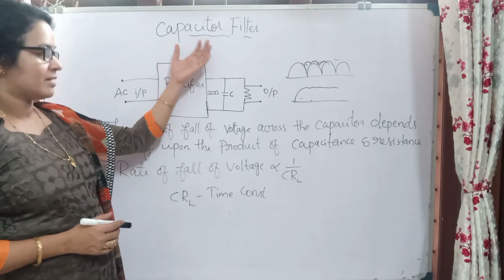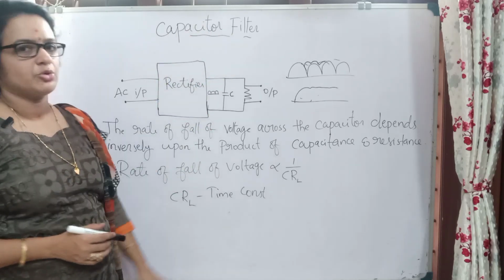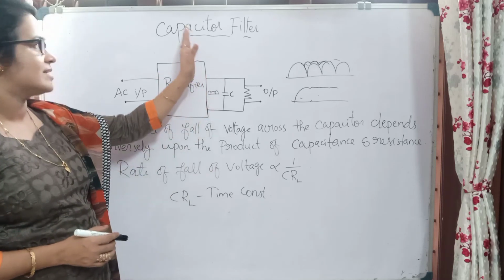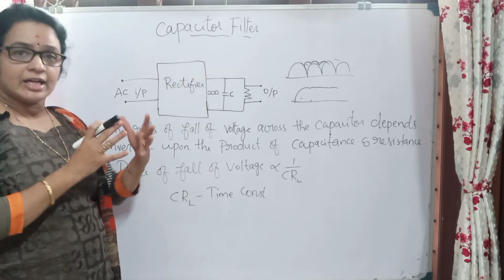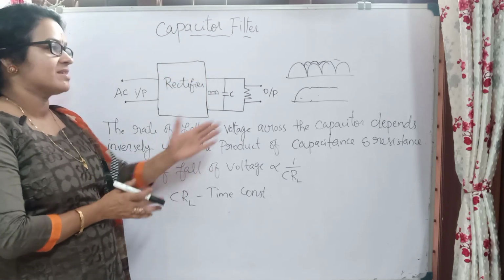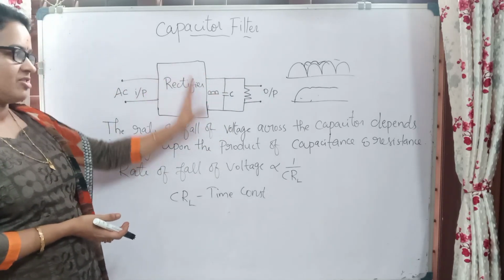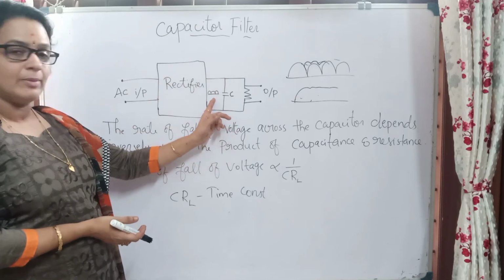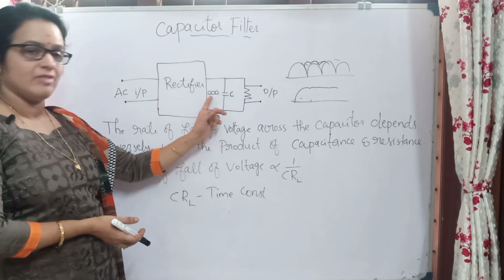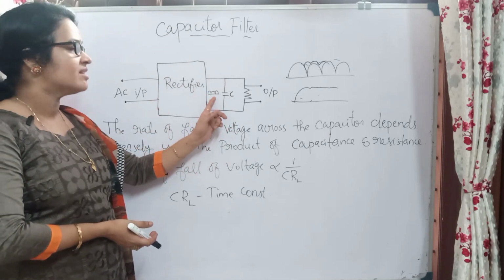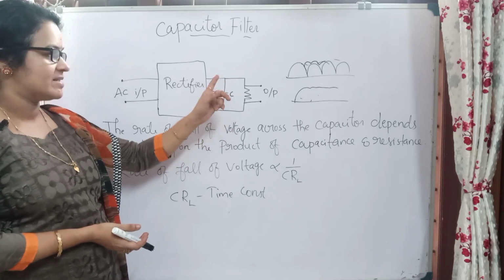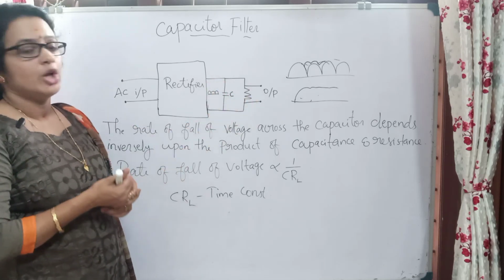So that is the case of a capacitor filter. You should understand this much: the capacitor filter is used to remove the AC ripples present in the DC output. Here we are using the AC input and the rectifier is kept here, and the output will be DC. That DC we pass through the capacitor and then it is connected to the load resistor.